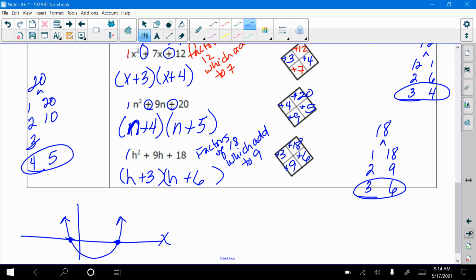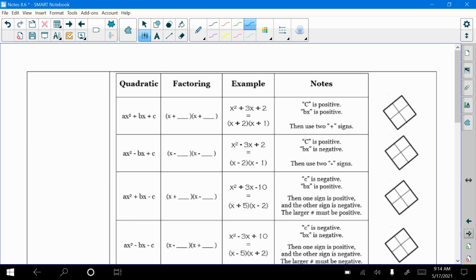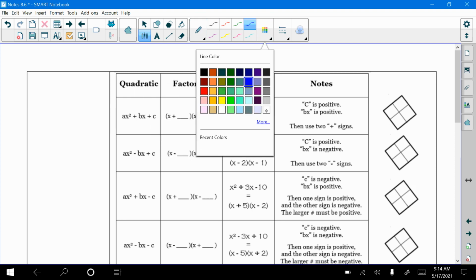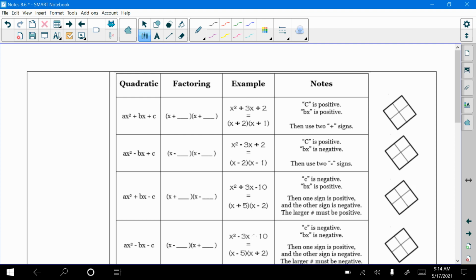All right, so the next piece. This is a little cheat sheet. On yours, I think I already have this fixed, but let me fix it here. This is supposed to be a minus. There you go. All right, so first of all, with our little diamond here, the C is positive, the bx is positive.